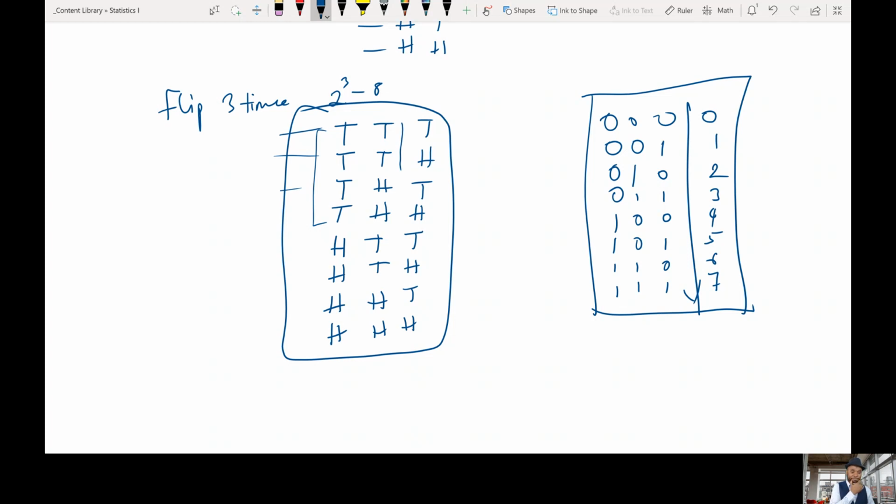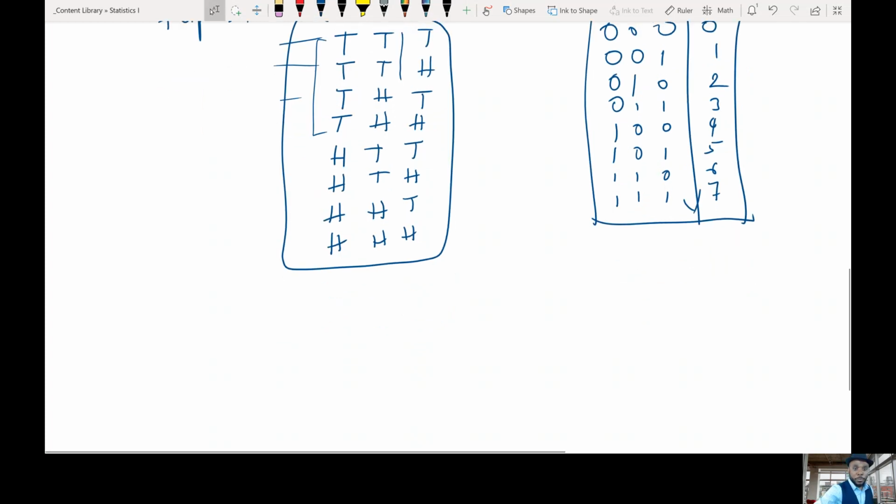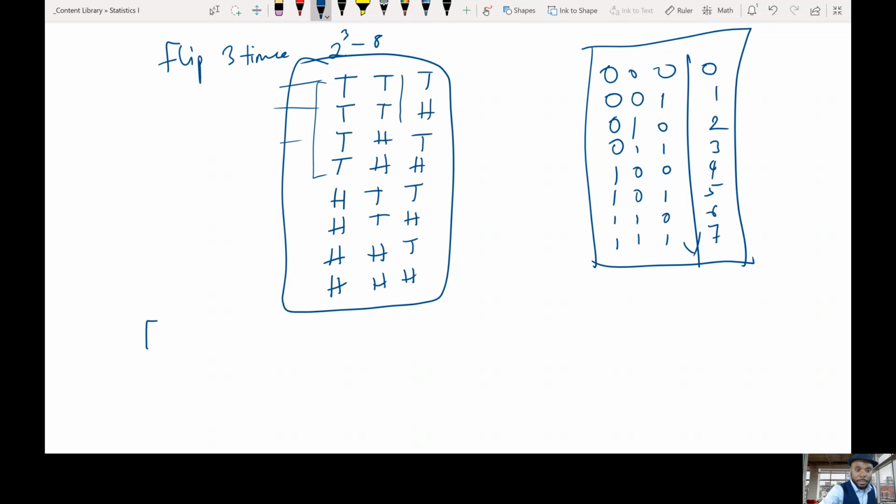All right. Now, given the sample space, if I ask what is the probability of having 1 head and 2 tails, meaning that the event is 1 head and 2 tails.